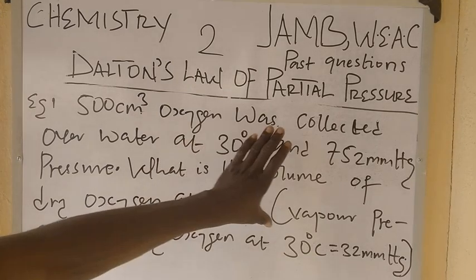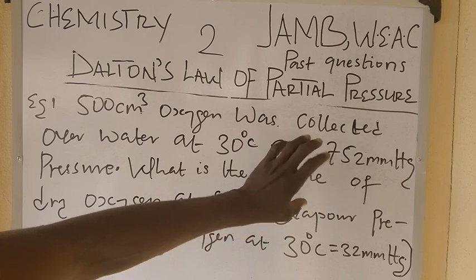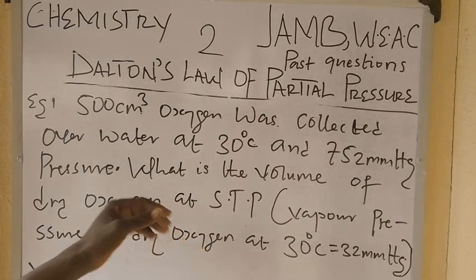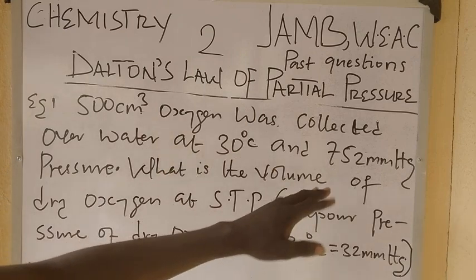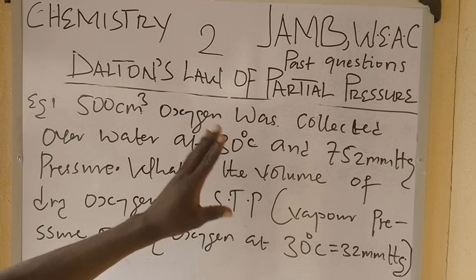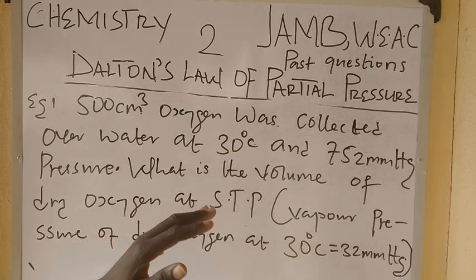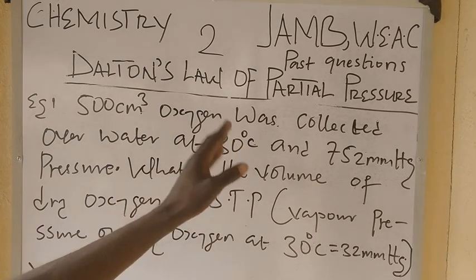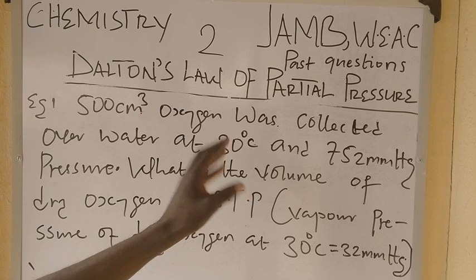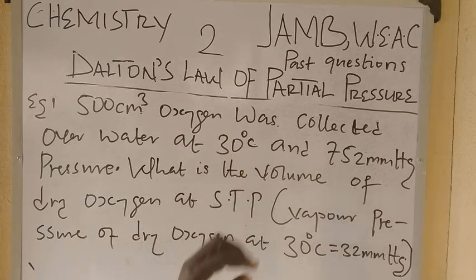Before you solve this, the mistake most persons make is that they just assume this is V1, derive their V2, T1, and use the general gas equation. If you go ahead using the general gas equation, you are going to get it wrong.